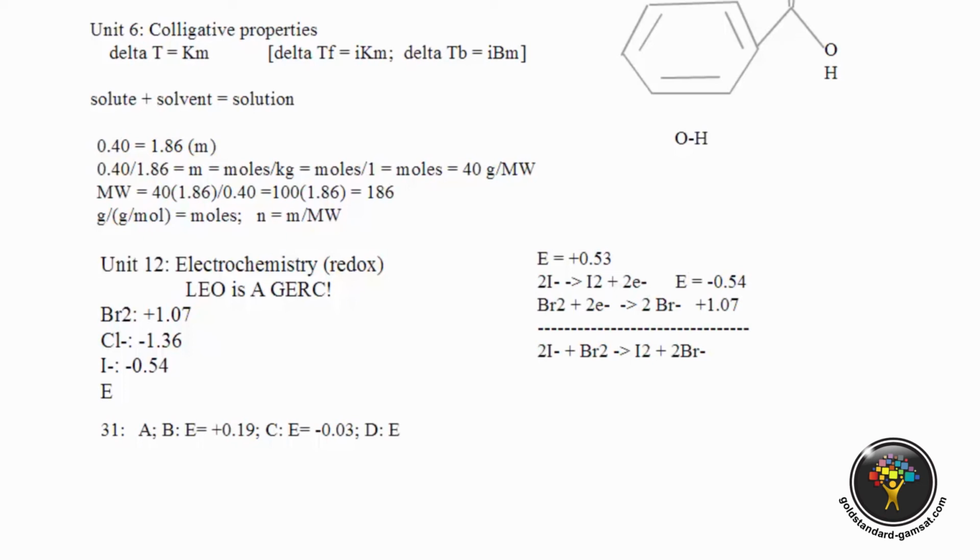So the E value would be plus 0.20. So I'm looking for the highest positive value. So between B and D, there's a 0.01 difference higher, and that means that D wins, being the highest positive value oxidation. Okay.